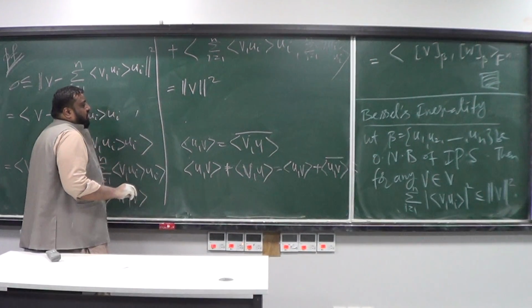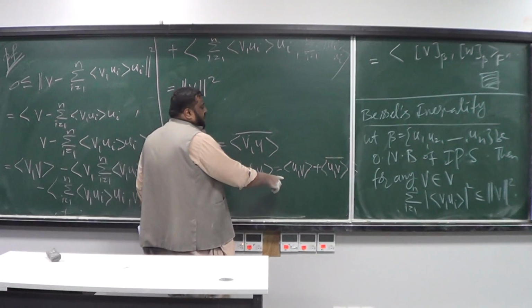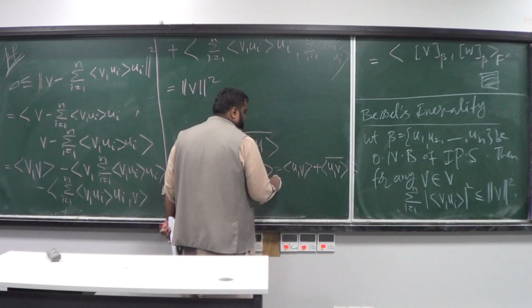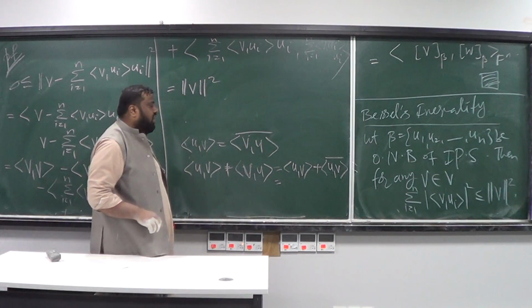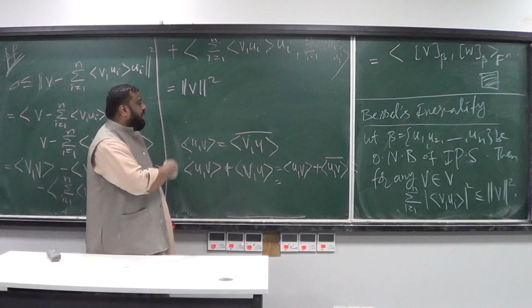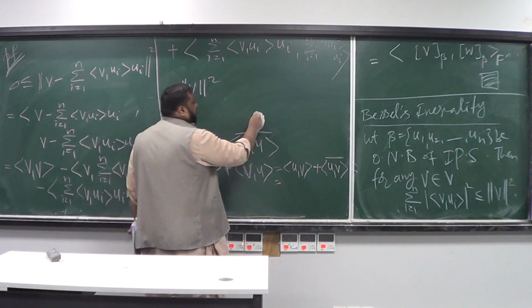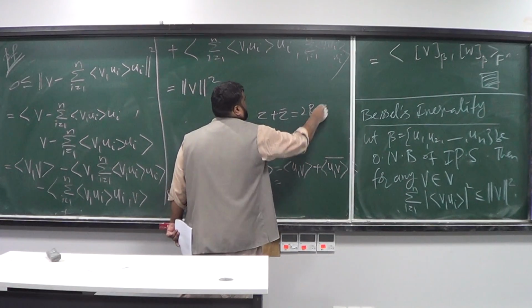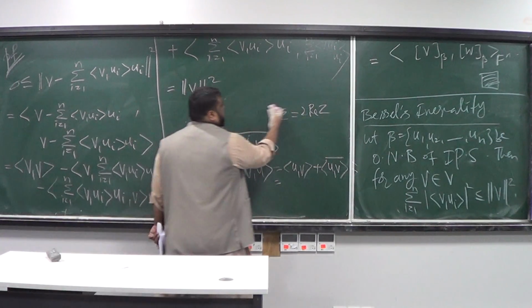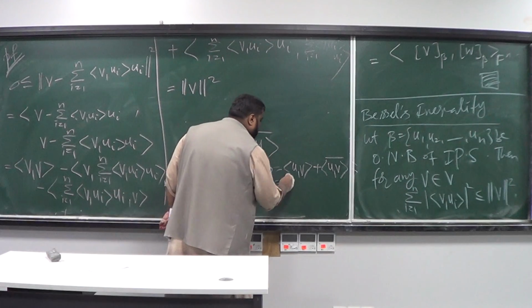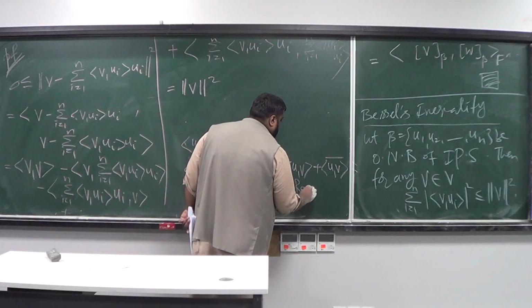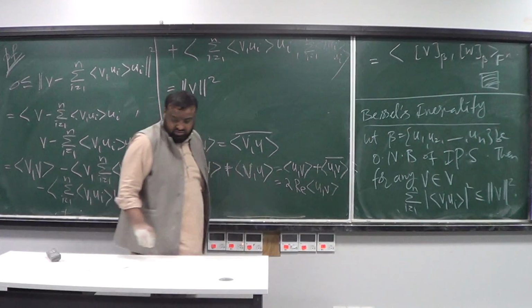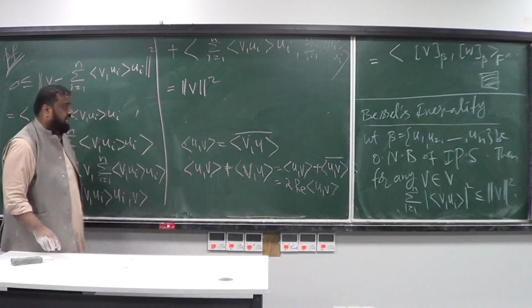And we know that if I add a complex number to its conjugate, it gives 2 times the real part of it. In other words, if you add z to z bar, you get 2 times the real part of z. So this would be equal to 2 times the real part of (u, v). Okay, so this is what you're going to get.